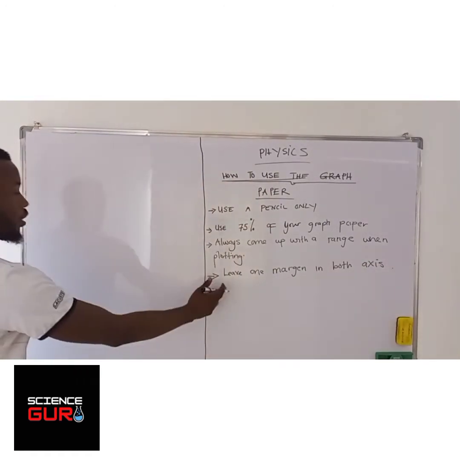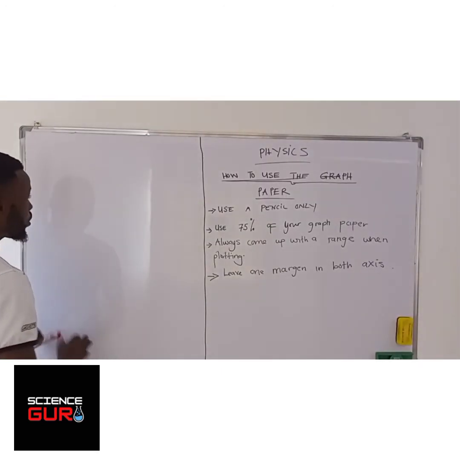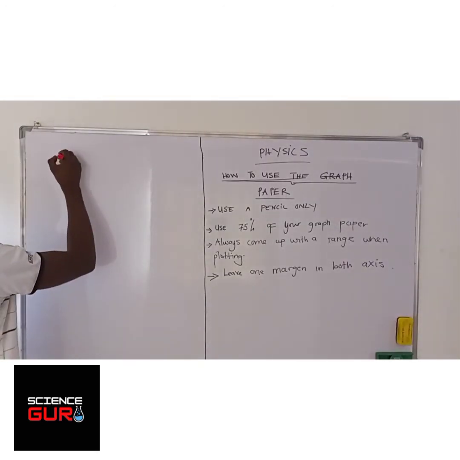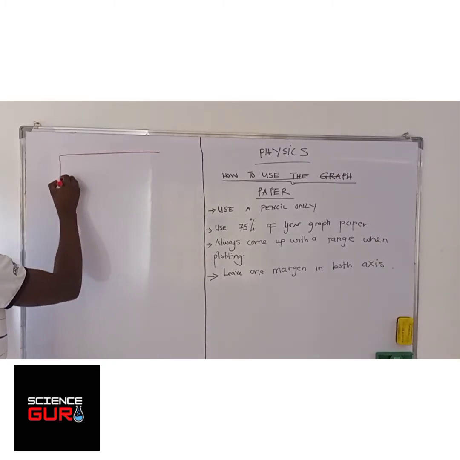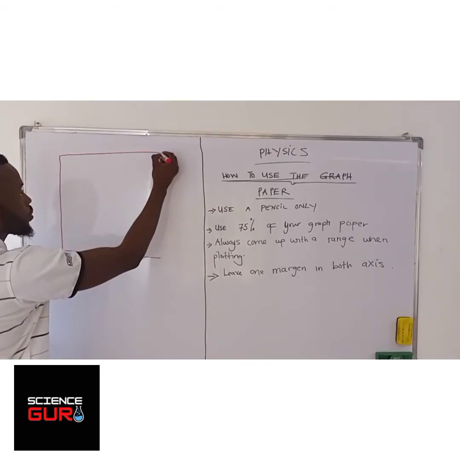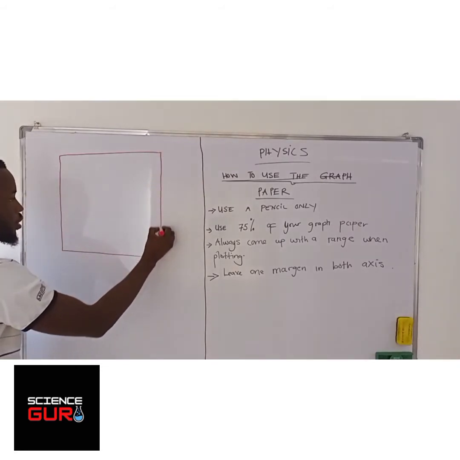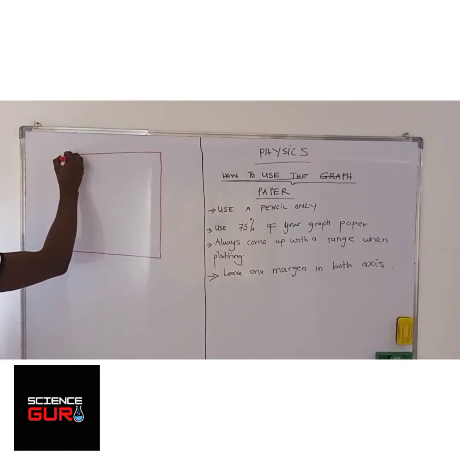So let me explain on this point. Let's say this is your graph paper. It has got 10 lines.